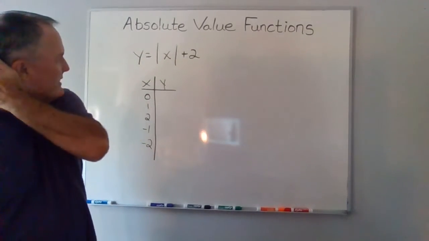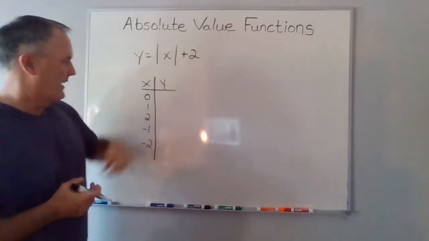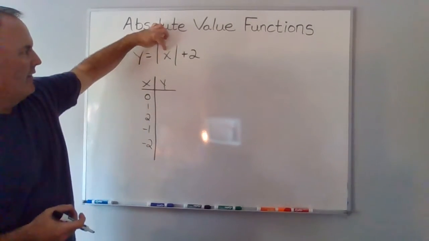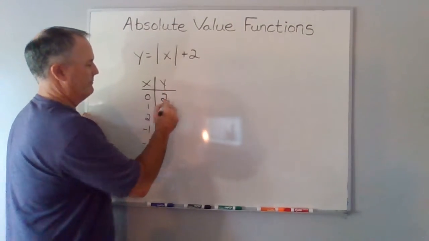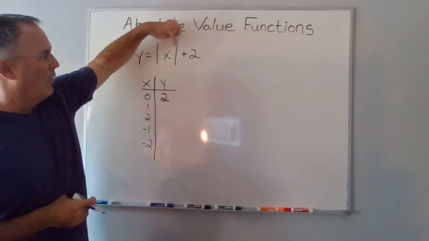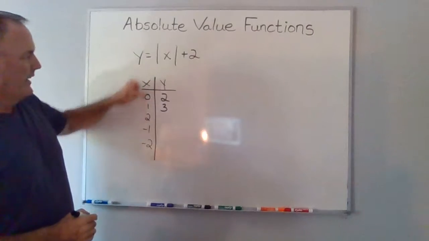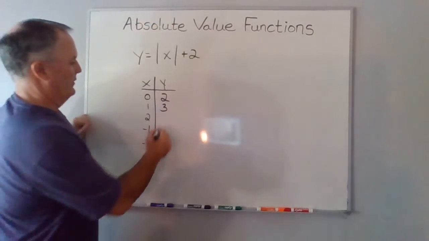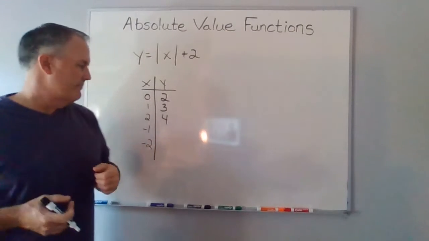All right, so let's see what happens here if we add a 2 on the outside, or plus anything on the outside. So if I plug in 0, 0 plus 2 is still 2 for my output. If I plug in 1, 1 plus 2 is 3. Plug in 2, 2 plus 2 is 4. So far as predicted.